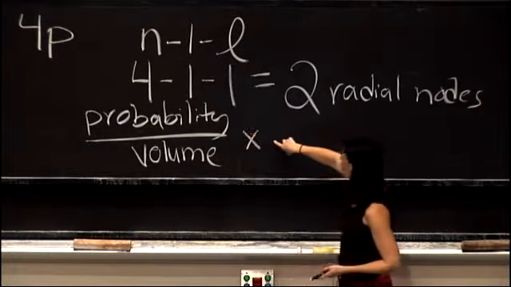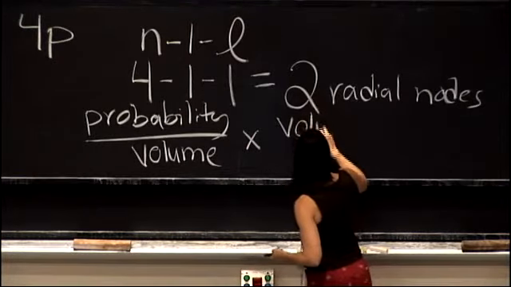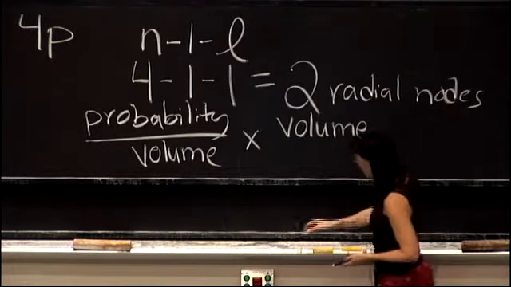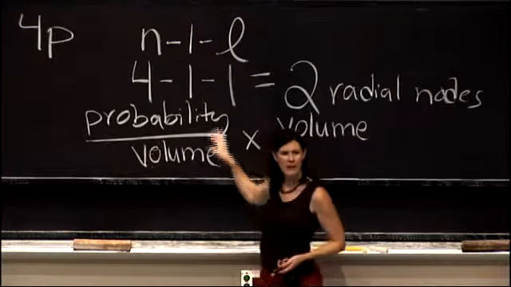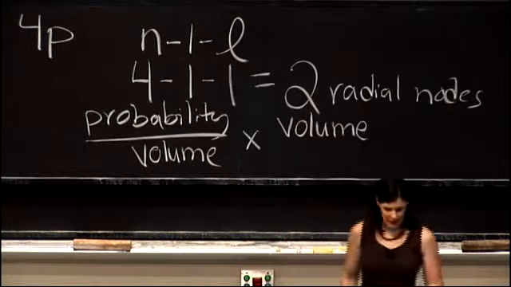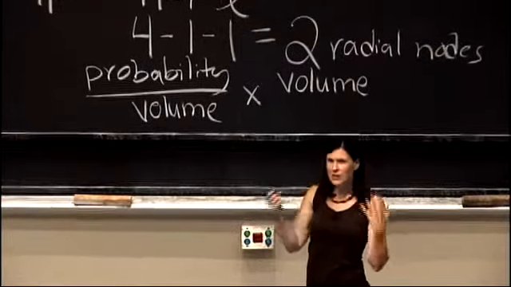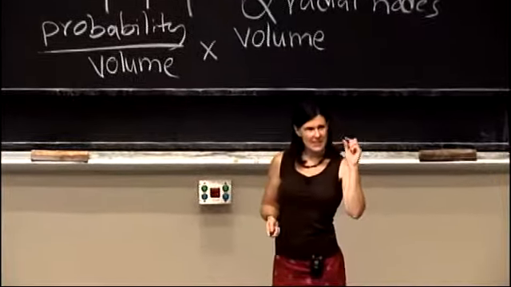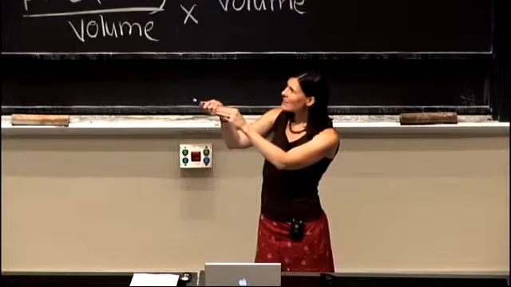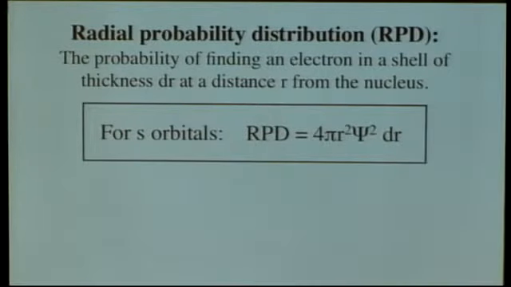So if we actually go ahead and multiply it by the volume of our shell, then we end up just with probability, which is kind of a nicer term to be thinking about here. So, of course, if we're talking about a perfectly spherical shell at some distance, thickness dr, we talk about it as 4 pi r squared dr. So we just multiply that by the probability density.